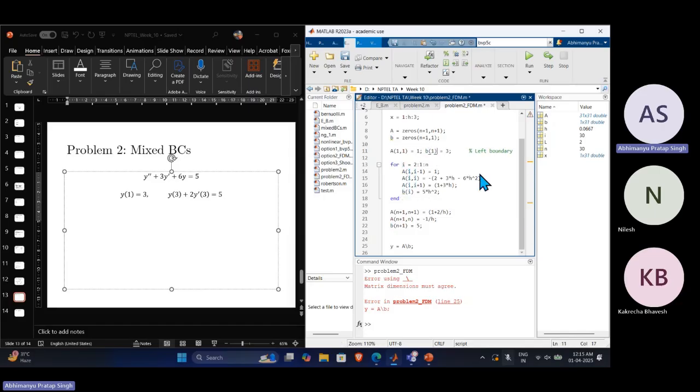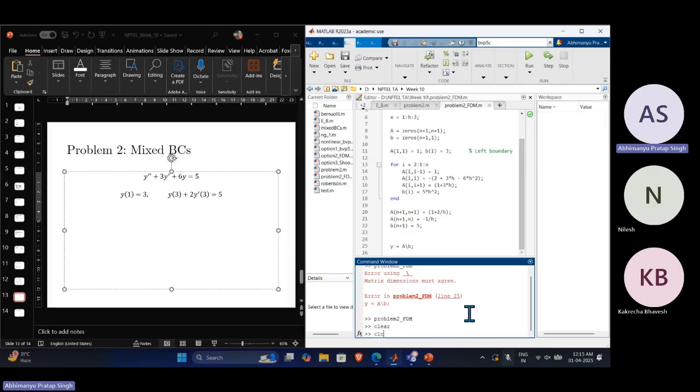Yeah, here the problem is, it should be B1, not entire B. It's done.